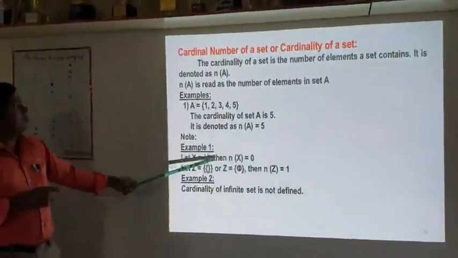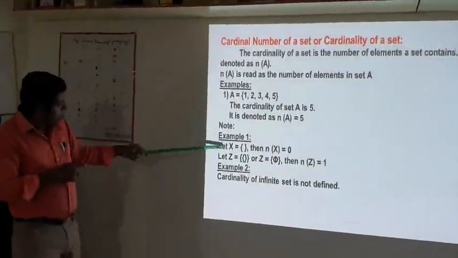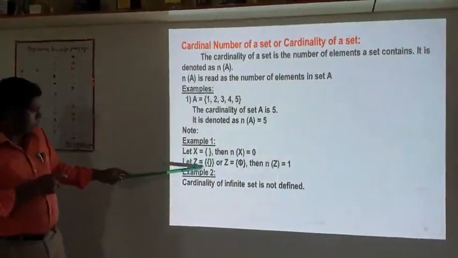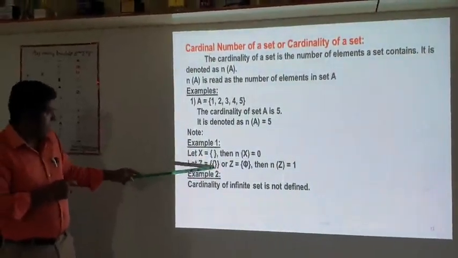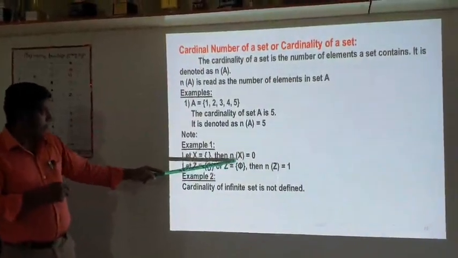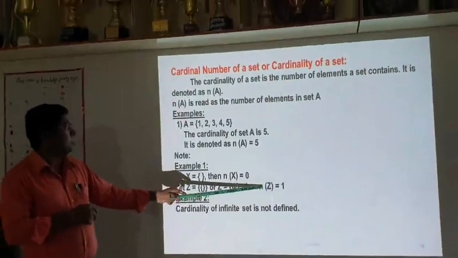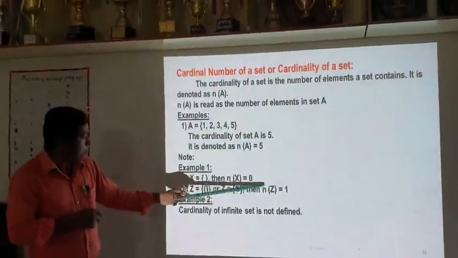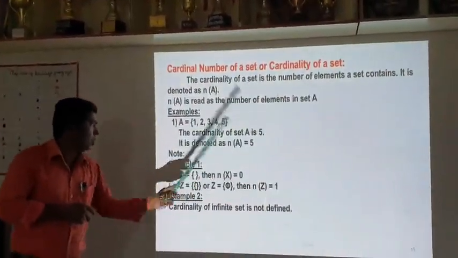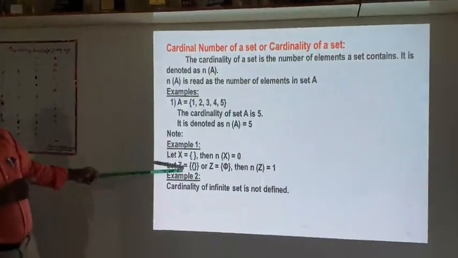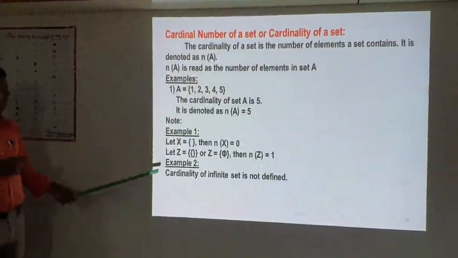It means there is no element. See another example here, Z is equal to curly bracket 5. Then the cardinality of Z, or n(Z), is 1. There is only one element. It is not an empty set. It has only one element.